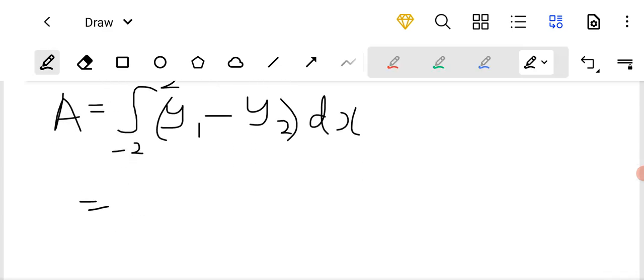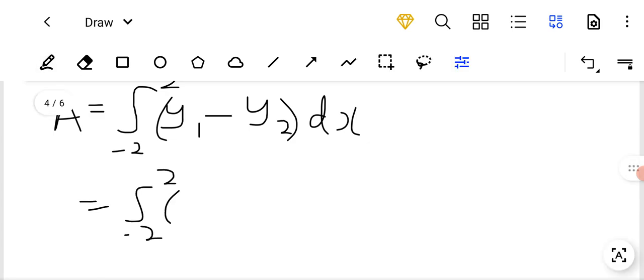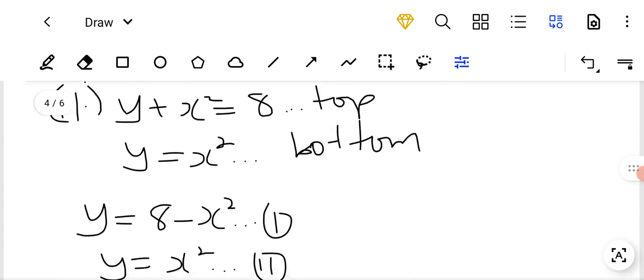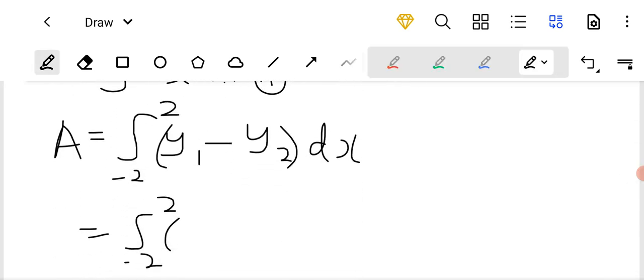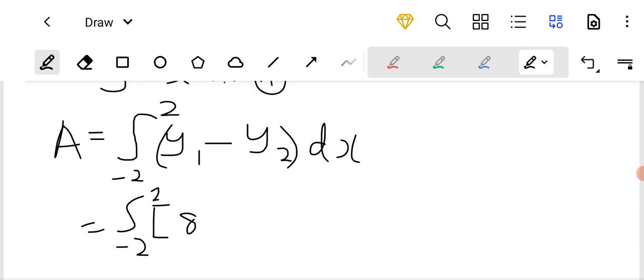So it's going to be equal to the integral from -2 to +2 over our top function, which was y is equal to 8 minus x squared. So let's just write square brackets from -2 to 2. Then you have y is equal to 8 minus x squared.